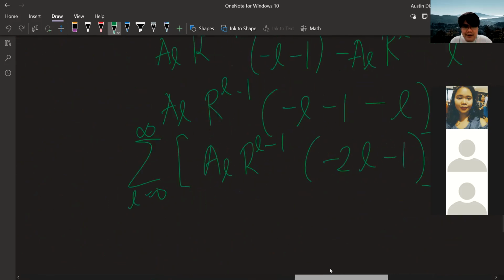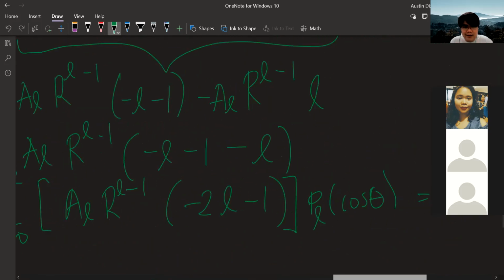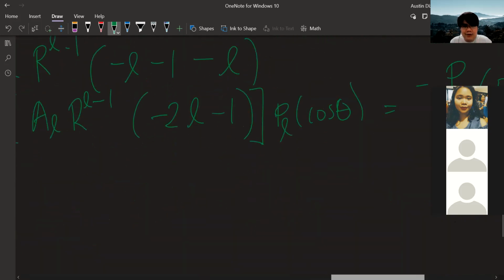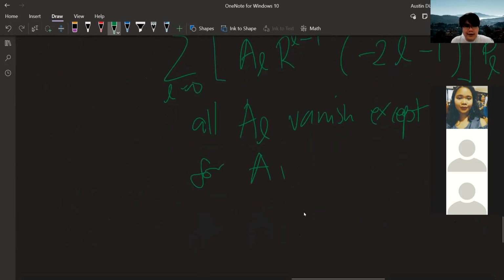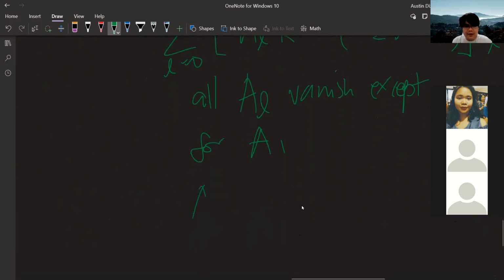Okay. So, that gives me that l must be equal to 1. So, lahat na mag-vanish. All A_l vanish, except for A1. Okay? So, we have A1.